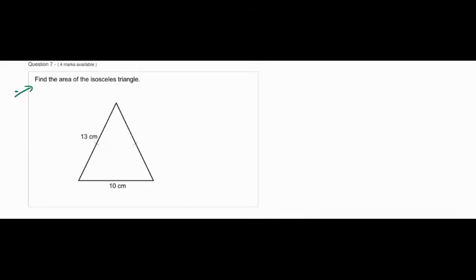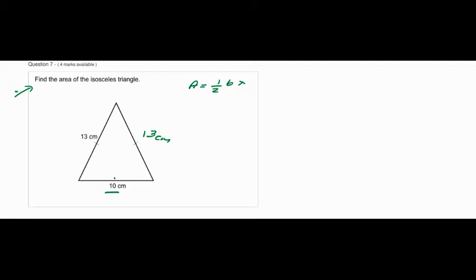Question 7 asks us to find the area of the isosceles triangle. Now if you remember, in an isosceles triangle, each of these sides are the same, so I can say that's 13 centimetres. Now we have to find the area of this triangle, so we know that the area of any triangle is a half of the base, which in this case is 10, this bottom number here, multiplied by the perpendicular height.